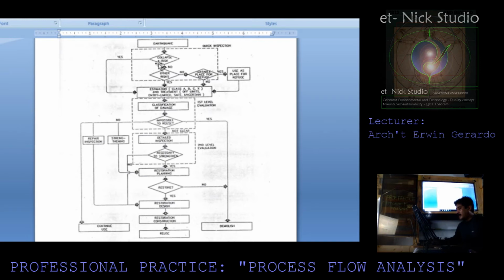Then, presuming the collapse risk is not risky, it will go to another step or procedure: is there a suitable place for refuge? If it is yes, use it as a place for refuge. Then it goes to the next level: estimation and treatment.